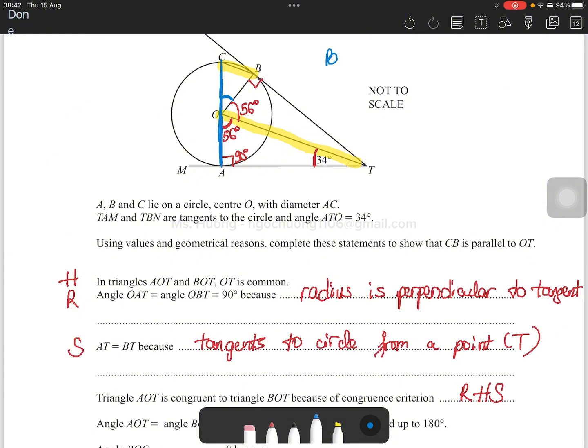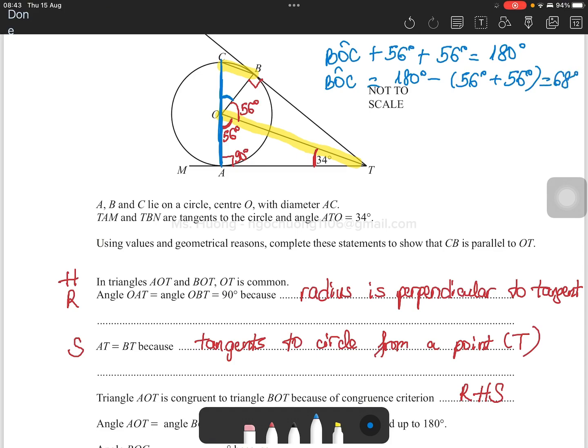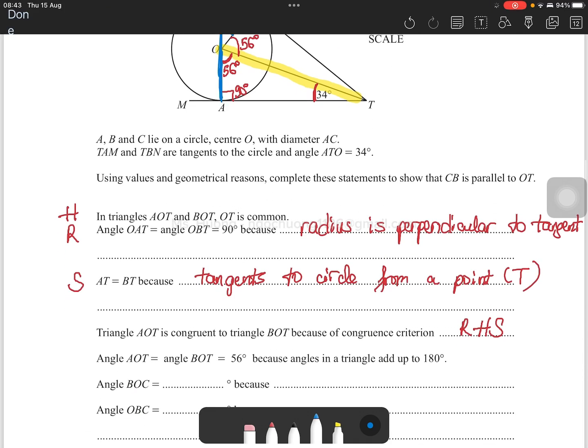So the angle BOC plus 56 is equal to 180 degrees because they are the angles on a straight line. So the angle BOC is equal to 180 subtract 56. So BOC is equal to 68 degrees.